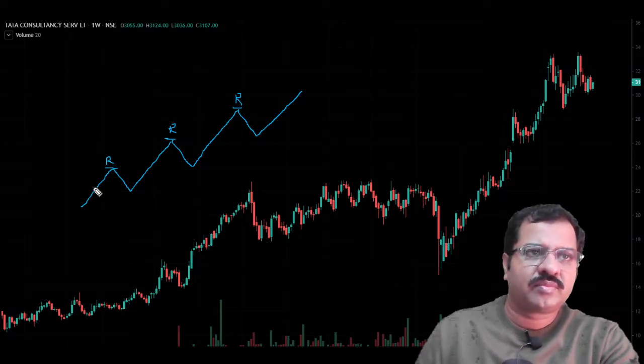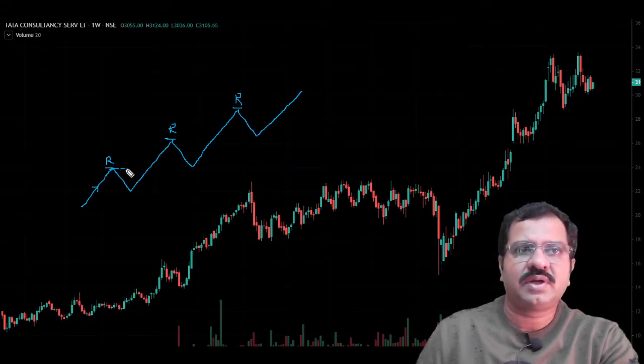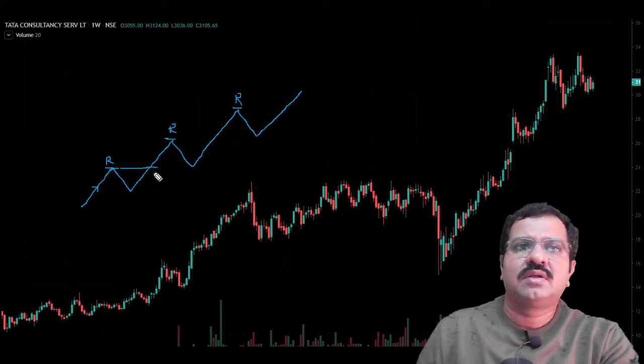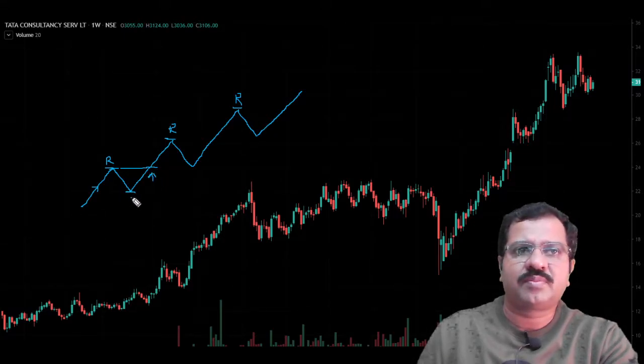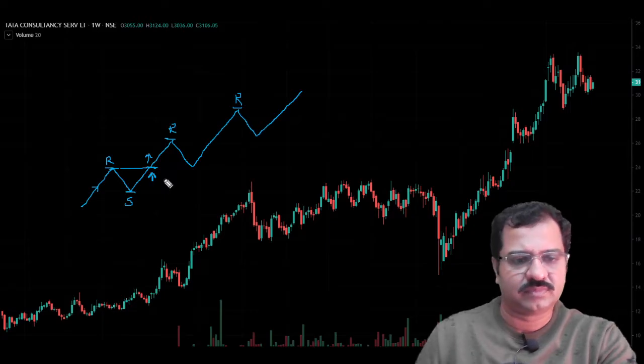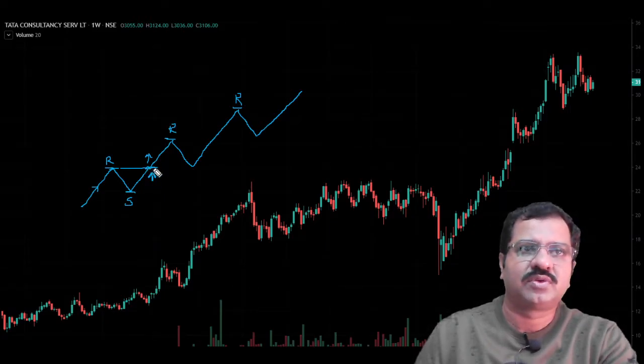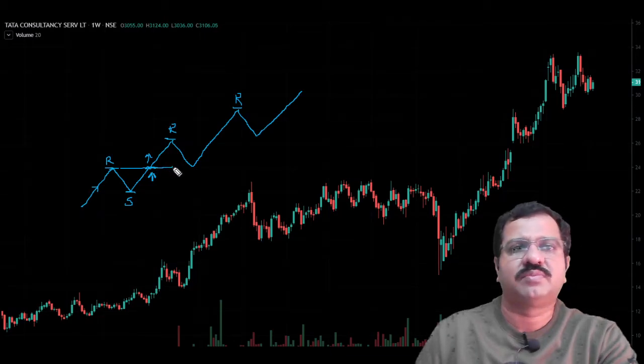Price was going up, at this point sellers came in and this became resistance. But then again buying came in from this support point, and buyers successfully pushed the price above the previous resistance level. Now price has broken this level and moved up.